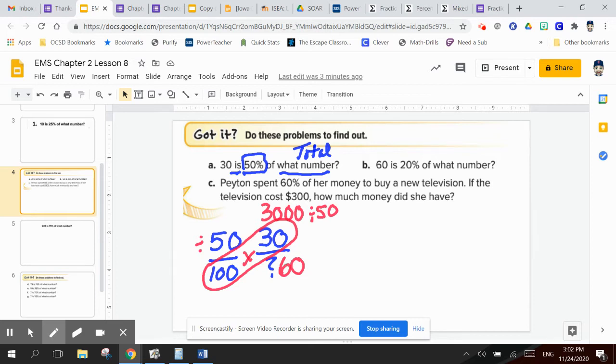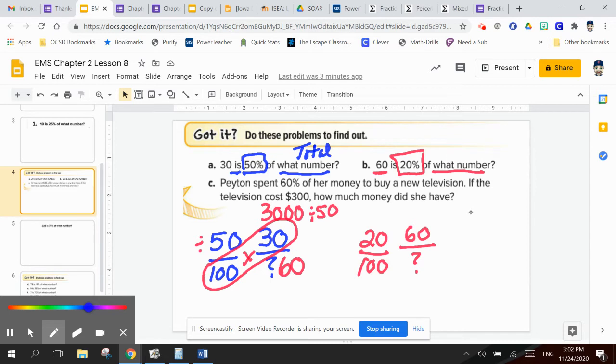I look at letter B. 60 is 20% of what number? 60 is my part. Of what number is what I'm trying to find out. That's my question mark. And 20%, that's my fraction: 20 over 100.